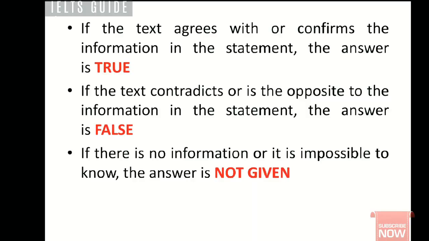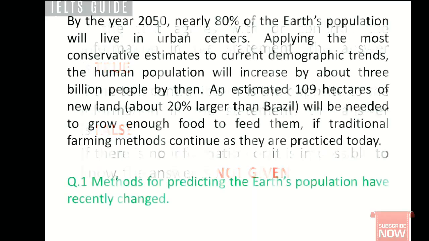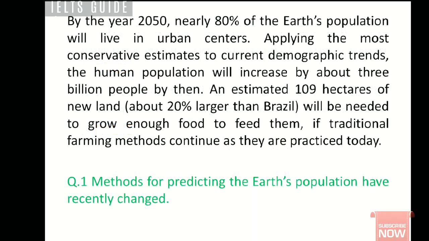Let's see so that you can do it really easily and your concept will be clear after watching this video. Okay friends, this is question number 1. Let's first read the question. Methods for predicting the earth's population have recently changed.